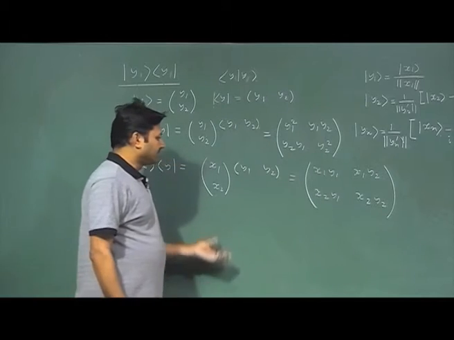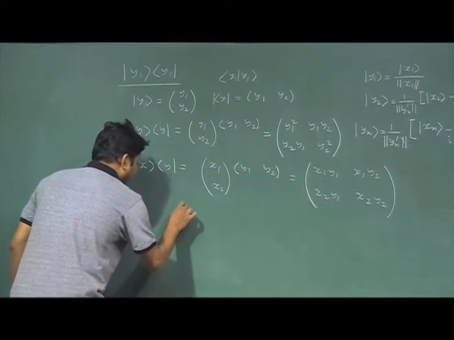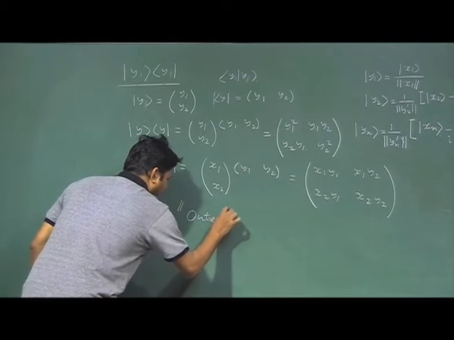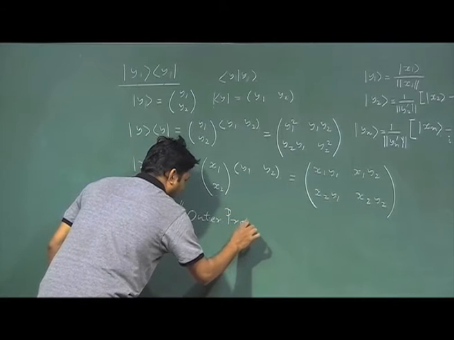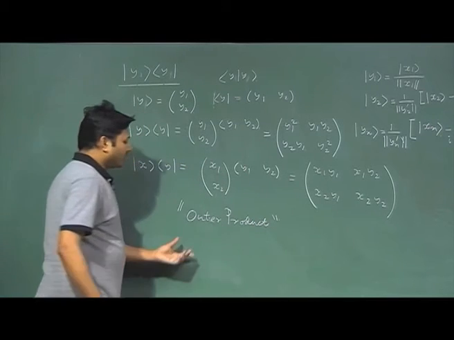So this forms a matrix, and this is called the outer product.